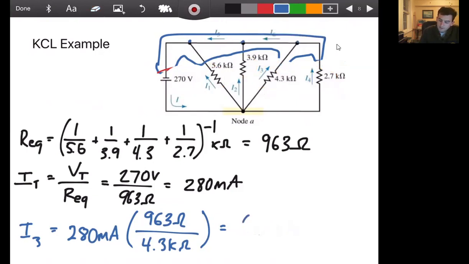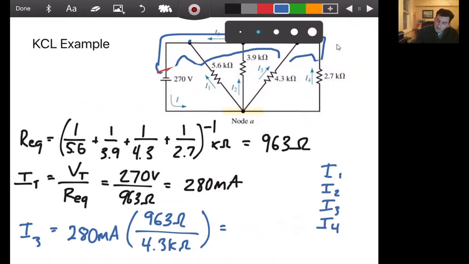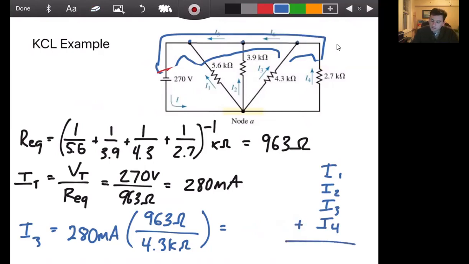And that comes out to 62.8 milliamps, and so on and so forth. And I could solve for each of my currents, I1, I2, I3, and I4, all the same way using Kirchhoff's current law. And one way to check myself at the very end would be to say all of those currents, which I've calculated using KCL, must sum to 280 milliamps.